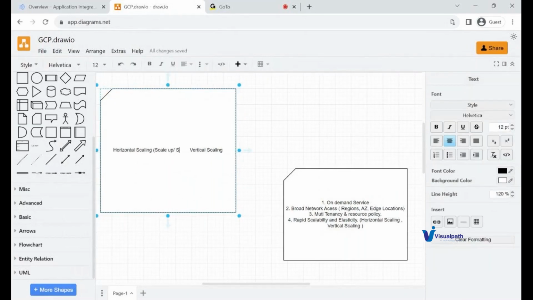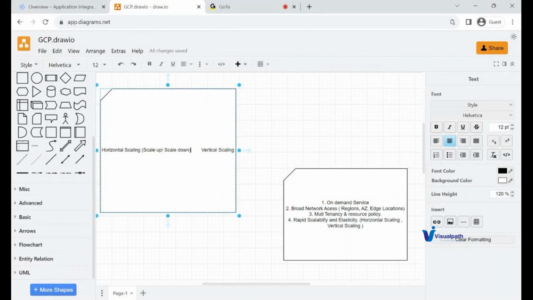Scale up means when I'm increasing the memory configuration, let's say 4 GB to 8 GB. And if I can again bring that down from 8 GB to 4 GB, that is scale down. But in generic terms, it is not feasible to do every time, because there are certain limits. You can't go beyond.